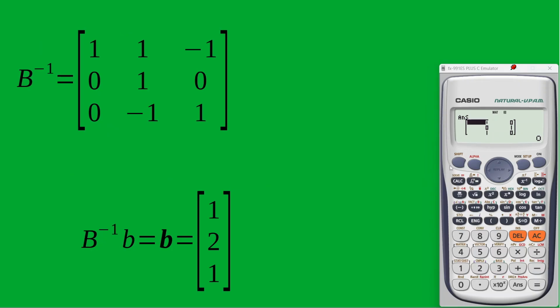Now B inverse is shift 4 inverse. Now this is your real updated B inverse, that is 1, 1, minus 1, 0, 1, 0, and 0, minus 1, 1. And the updated RHS now is going to be B inverse into B, which I think you can do by now. So this is going to be 1, 2, 1. Try it out for yourselves.